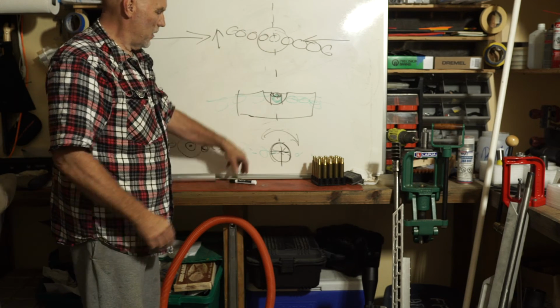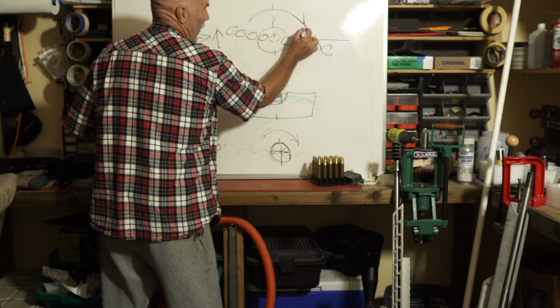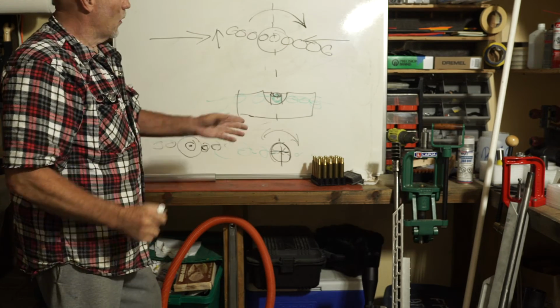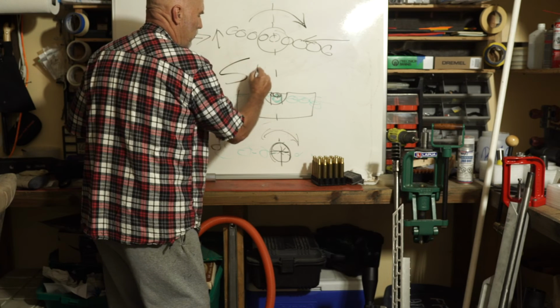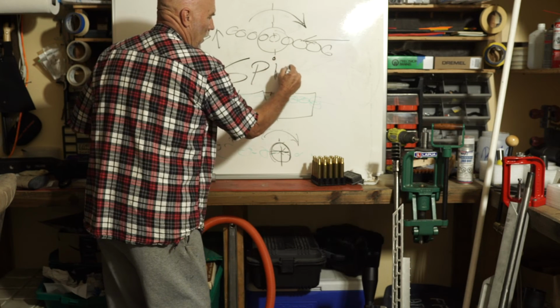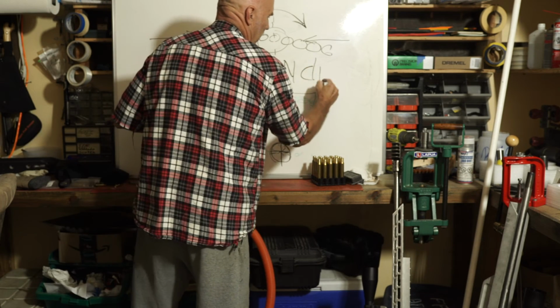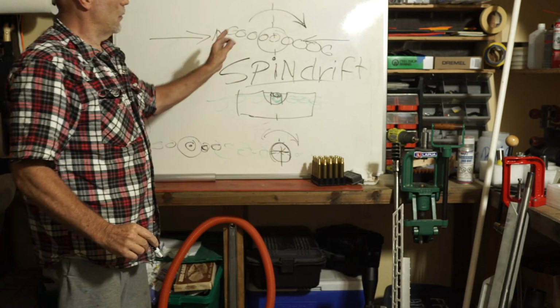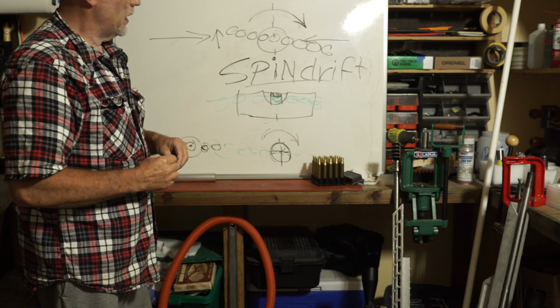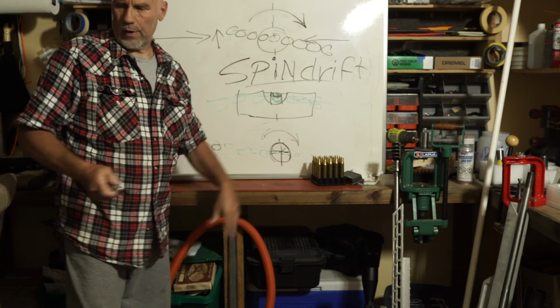So a right hand twist, again, this is all predicated on right hand twist. Right hand twist, long range shots, something called spin drift, will cause your bullets to incrementally drag to the right.